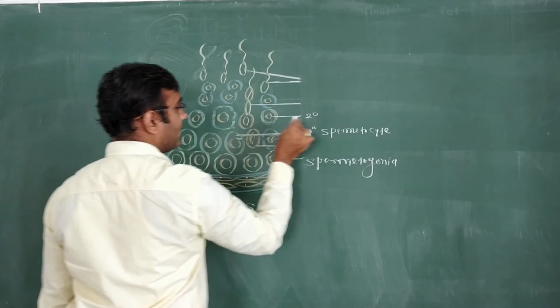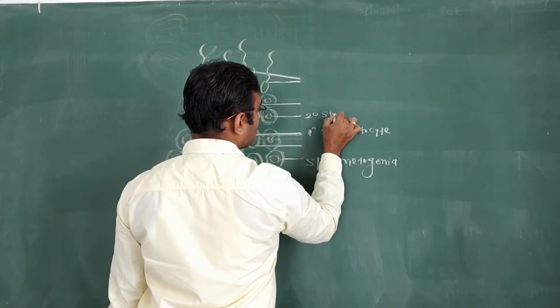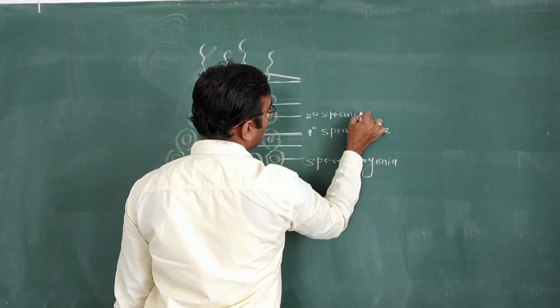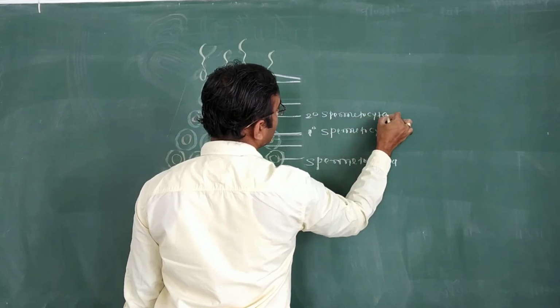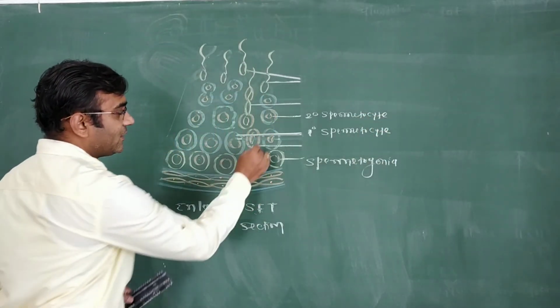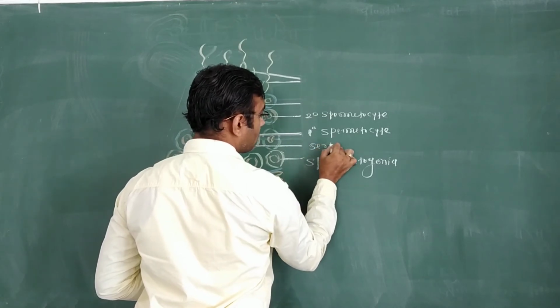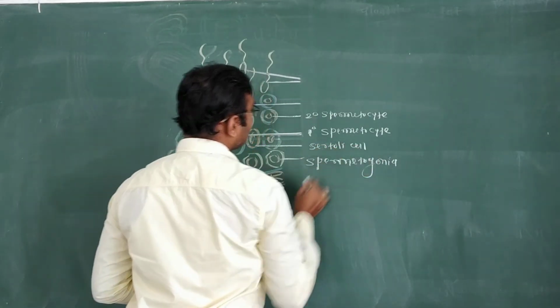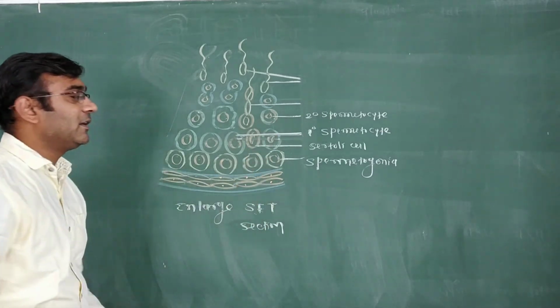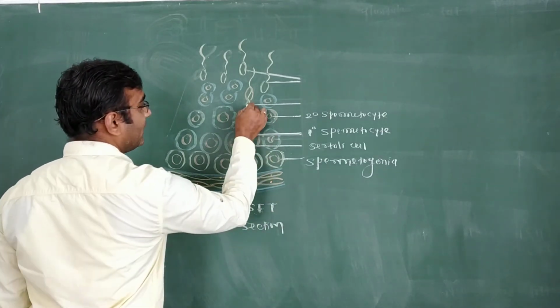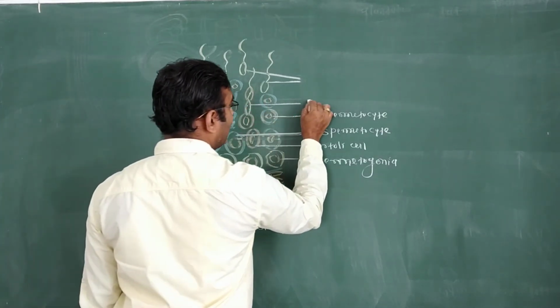This is a secondary spermatocyte. This one is the Sertoli cell. Secondary spermatocytes divide and produce immature sperm, the spermatids.